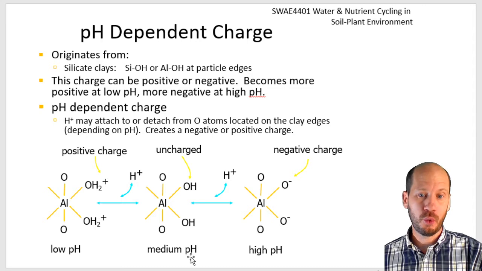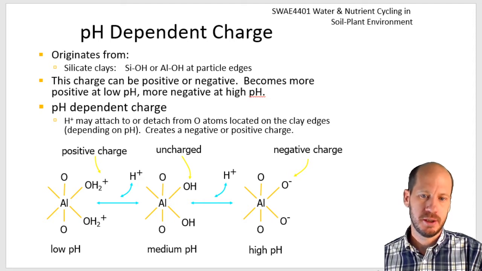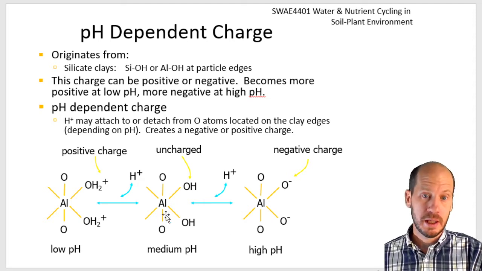If you continue increasing the pH, the concentration of hydrogen in solution becomes so low that the clay will lose those protons and generate negative charge. Yeah? So normally the zero point charge is in the acid range, so most soils will have negative pH-dependent charge. But the amount of negative charge from pH-dependent charge is regulated by the pH of the solution.